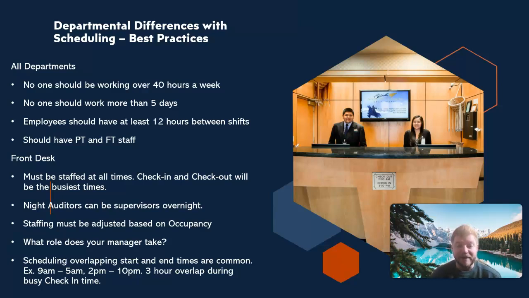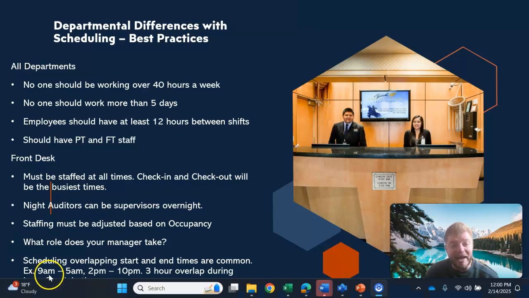So if that's the case, when you're doing your schedule, you might want to just make note of that somewhere, where from the hours of 3 p.m. to 6 p.m., the manager is an extra guest service relations agent and he's doing check-ins or she's doing check-ins. And then also you might want to think of things such as scheduling overlapping start and end times. As an example, for a front desk, we might have someone that comes in at 9 a.m.